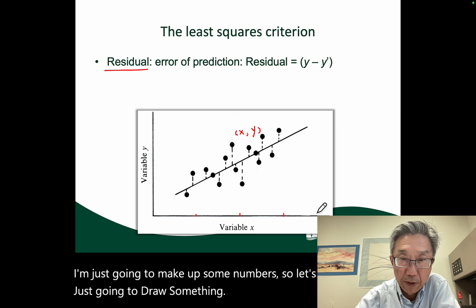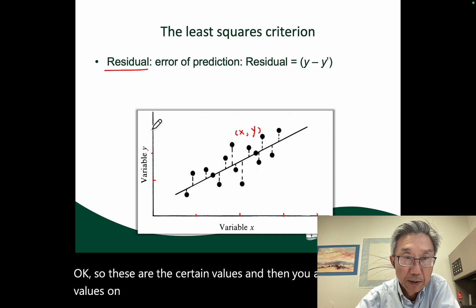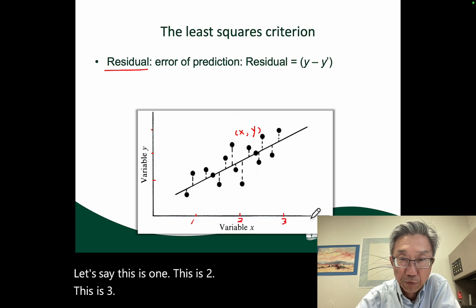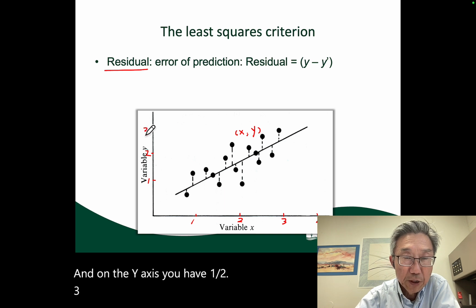Okay, so these are certain values, and then you also have certain values on the y-axis. Let's say this is 1, this is 2, this is 3, this is 4, and on the y-axis you have 1, 2, 3, all right? And of course, this is 0.